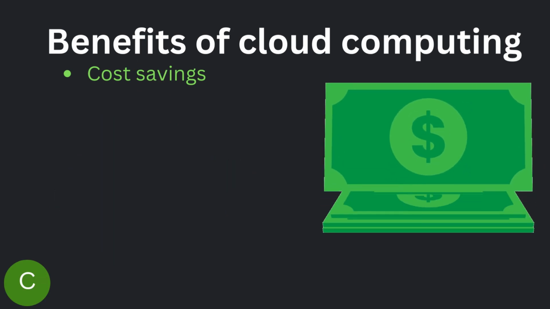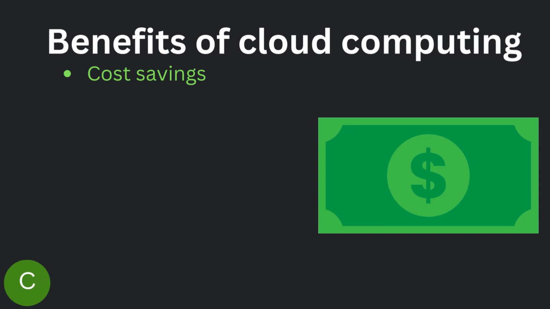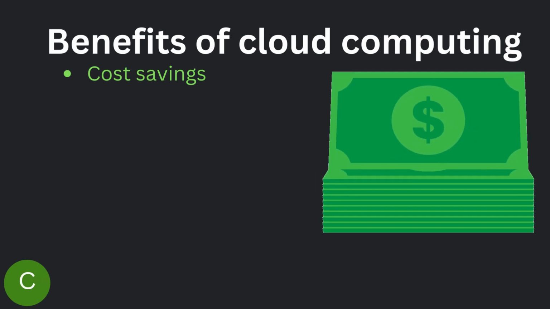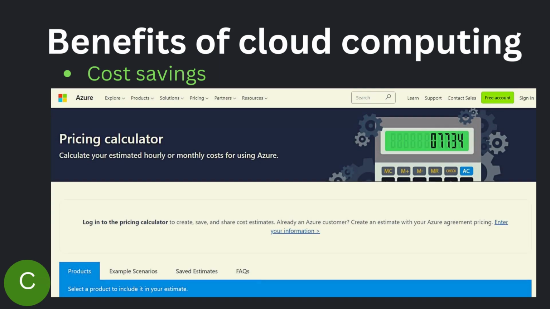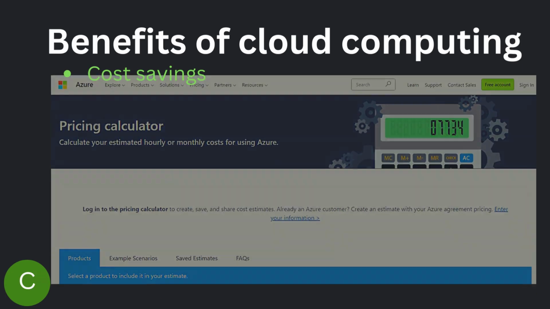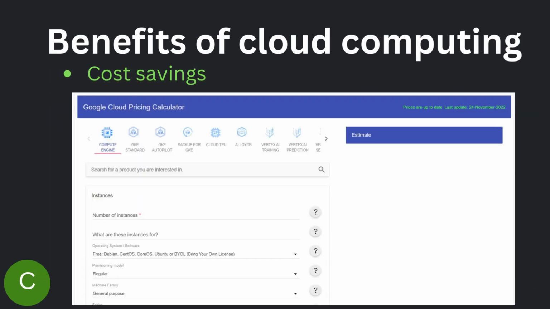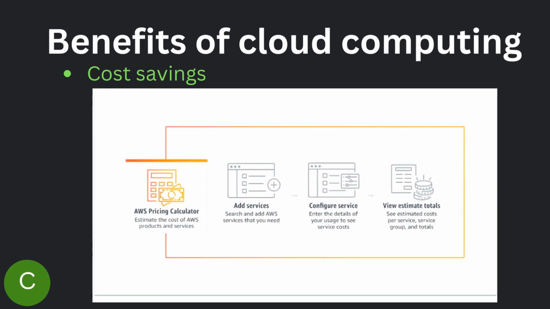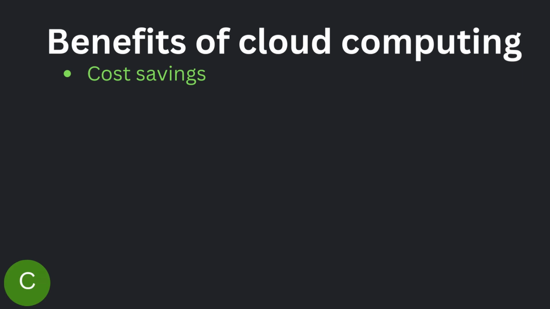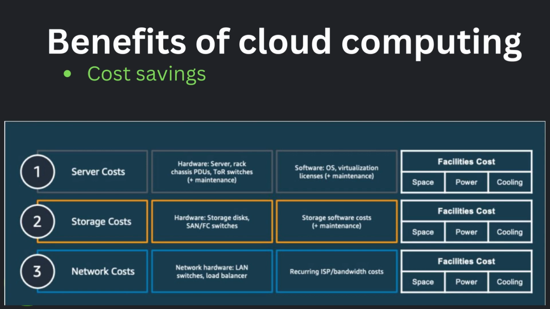There are multiple tools as well. There are cost calculators associated with multiple cloud providers: Azure has its own cost calculator, and similarly GCP and AWS. So when you sit and plan and calculate the cost associated for your ROI, you can have an estimated cost calculated using these tools, right?